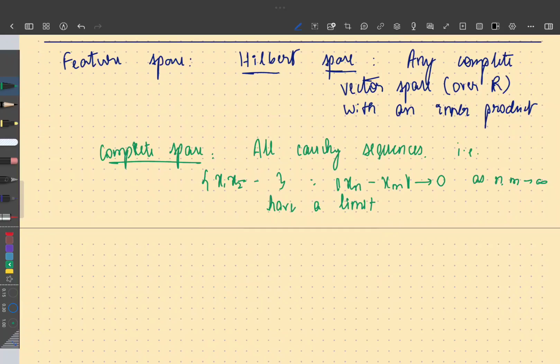So the space is complete if this does not happen. Or another space to consider is the space of rational numbers. You can always take a sequence of points that converges to an irrational number. This is also a Cauchy sequence. Any sequence that converges to an irrational number is a Cauchy sequence, but then it does not converge to a point in the space of rational numbers.